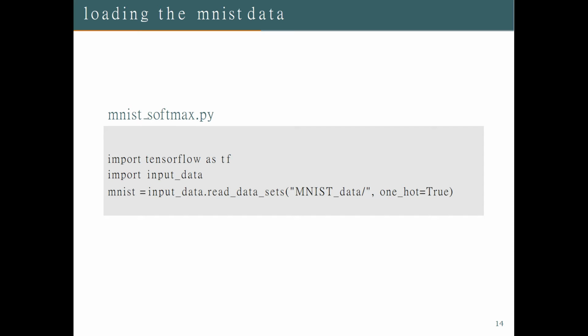For MNIST softmax.py, we import tensorflow as tf, then import input_data, and mnist = input_data.read_data_sets('MNIST_data').